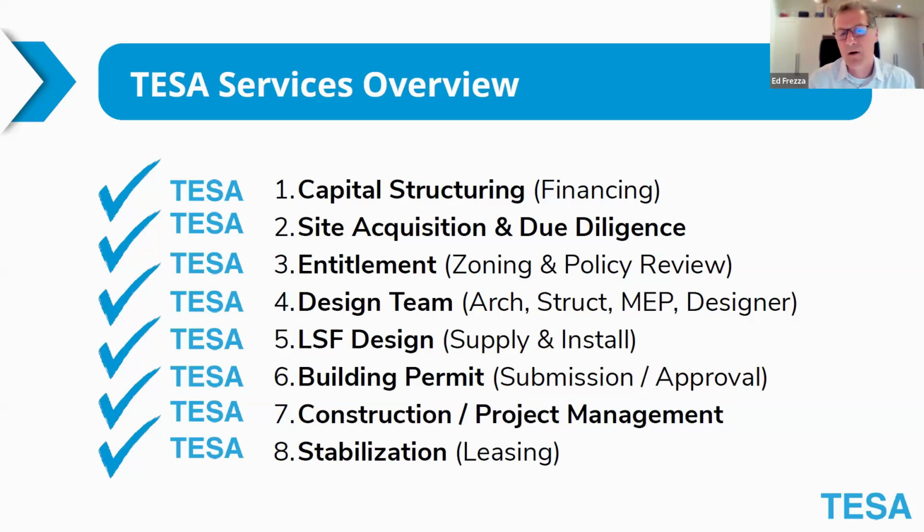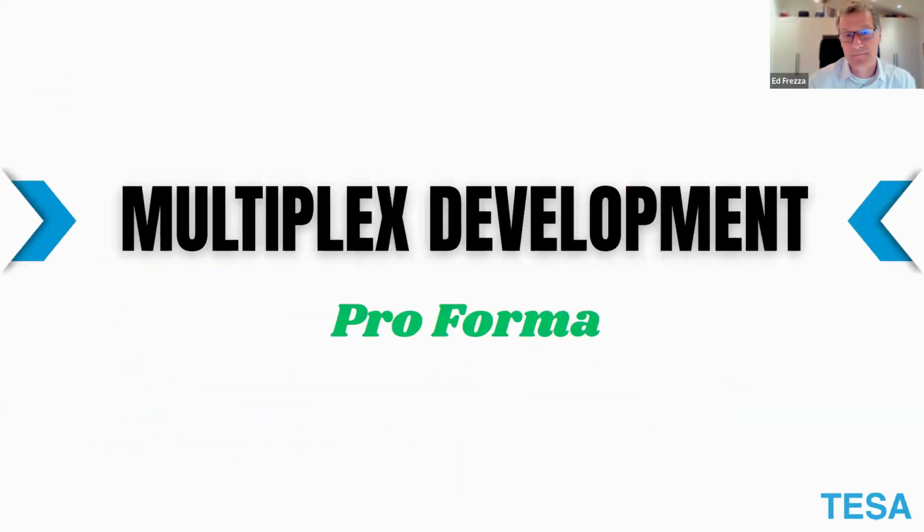With the design team, we can assist with the LSF design, submitting and securing the building permit, the construction and/or project management, and then of course stabilization to find suitable tenants for the property. And then once it's fully leased up, we can approach CMHC and get the MLI Select takeout.